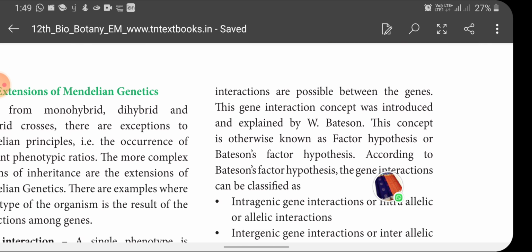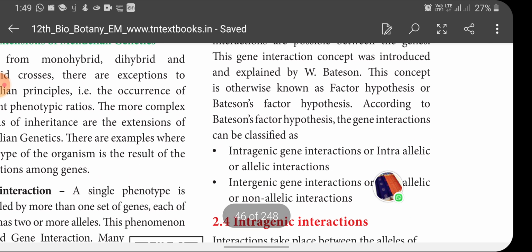This gene interaction concept was introduced and explained by W. Bateson. This concept is otherwise known as the factor hypothesis or Bateson's factor hypothesis.